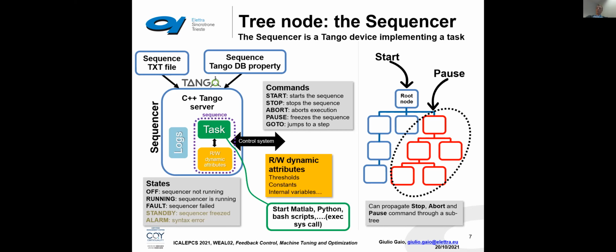Then the execution rolls down through the tree to the bottom part. During the execution, it is possible to stop, pause, or abort a node, or, if the behavior tree is configured accordingly, propagate this command even down to the subtree.